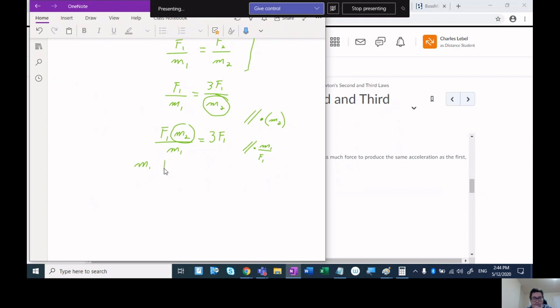We are timing by M1 in order to get rid of the M1. So both sides are timed by M1. But we're also dividing by F1, because we want to get rid of that. Why am I allowed to do this here and not like here under? I'm allowed to do that. It's the same thing. We're allowed to do that too.